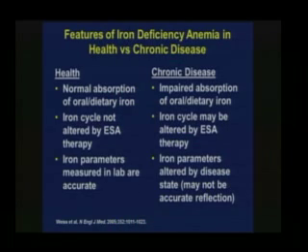The iron cycle is not altered by ESA therapy that is administered, and the iron lab parameters are accurate. In chronic disease, on the other hand, rheumatoid arthritis, CKD, for example, or cancers, there's impaired absorption of oral or dietary iron. The iron cycle itself may be altered by the ESA administered, and the iron parameters as measured by your labs may not accurately reflect iron stores.